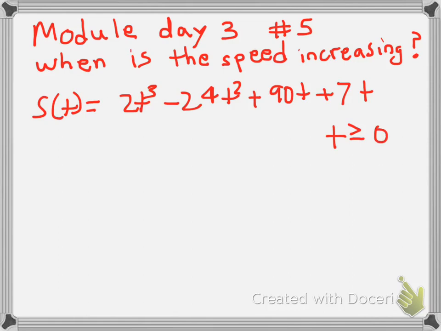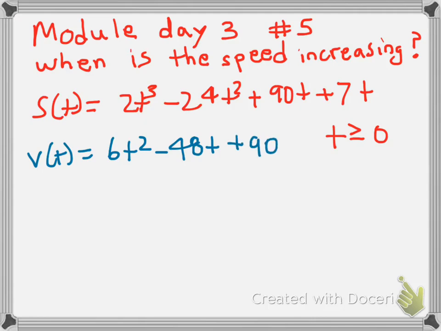So the first thing that we need to do is take the derivative of this. So we're going to get v of t is equal to 6t squared minus 48t plus 90. And first I'm going to make the sign chart for v of t, and then I'll do acceleration, and then see where they overlap to solve this.